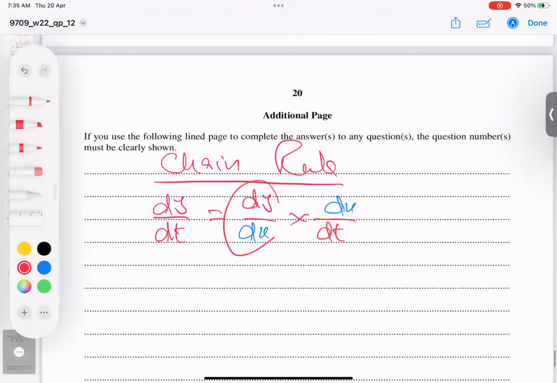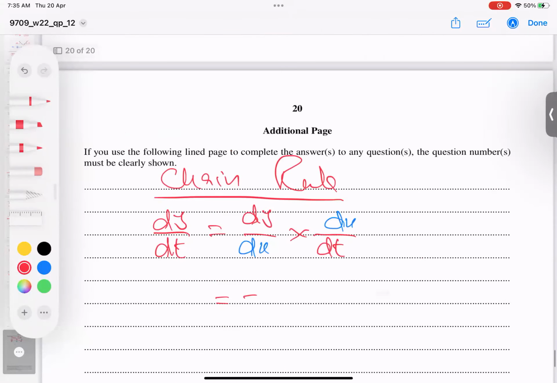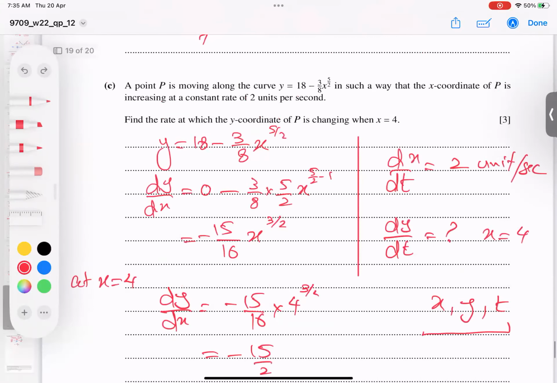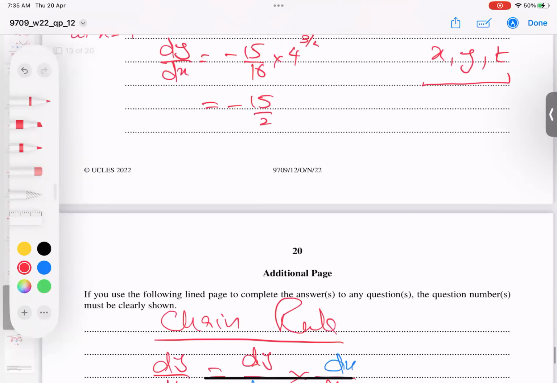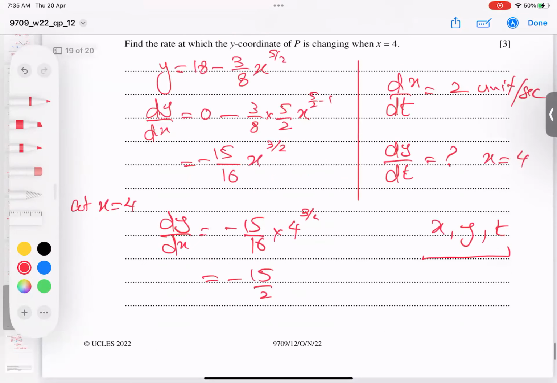It means if I have both these values, the question will finish. Luckily, dy over dx I got here, minus 15 by 2, and this value dx by dt we already have, 2. So this cancels out, minus 15 units per second.